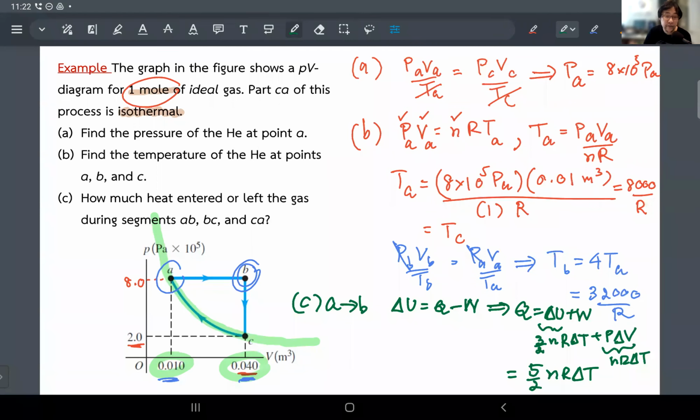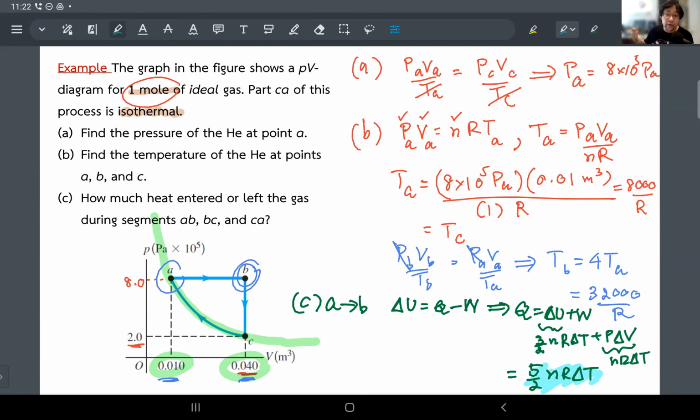If you can match the process with one whose characteristic you already know, I can jump right into the final expression. Since it's a constant pressure process, the heat in this process is going to be 5/2 nR delta T right away. You guys with me now?